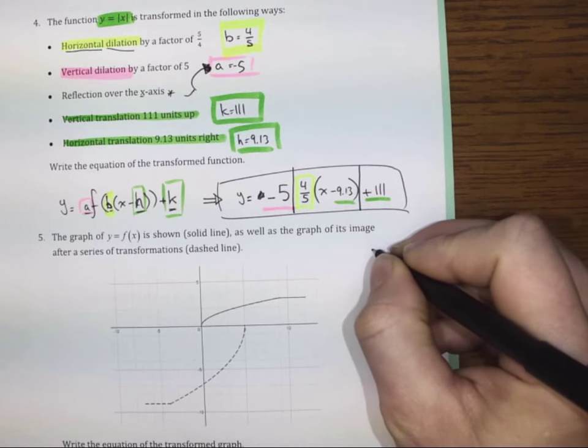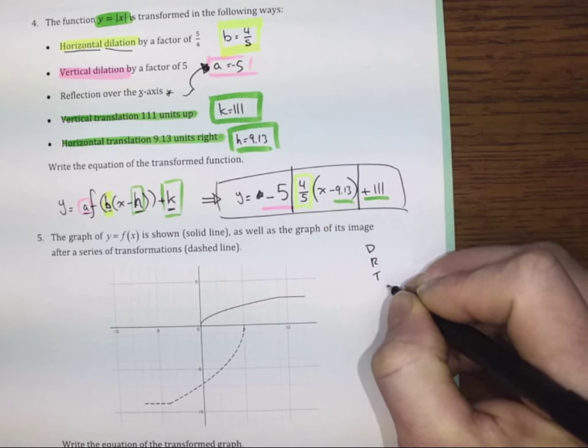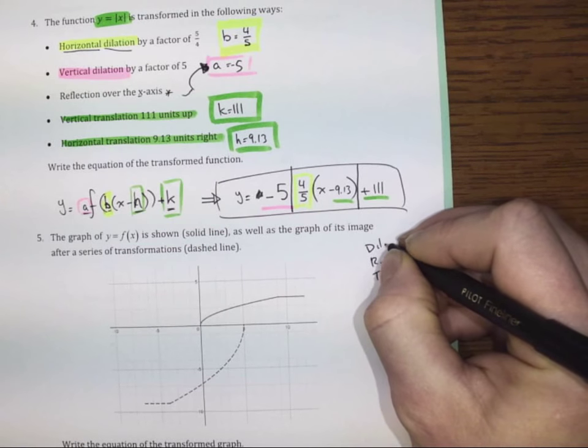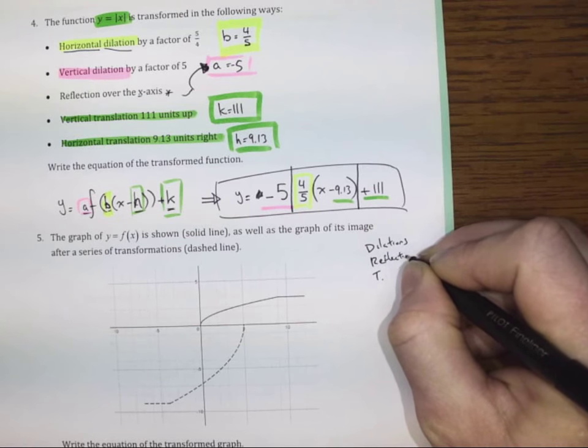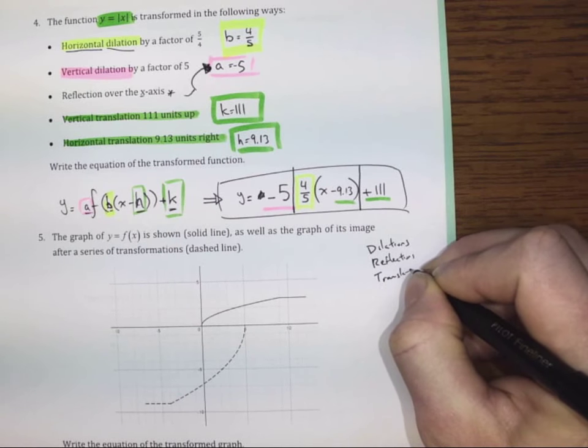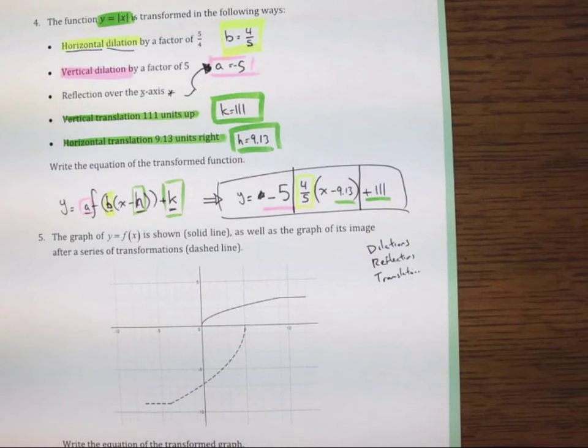Now, we have this rule of thumb, right? DRT, don't reuse toilet paper, so dilations, then reflections, then translations. So I'm going to start by looking at dilations.